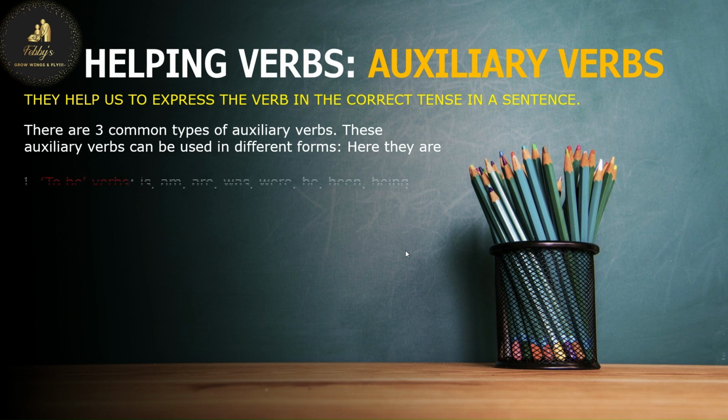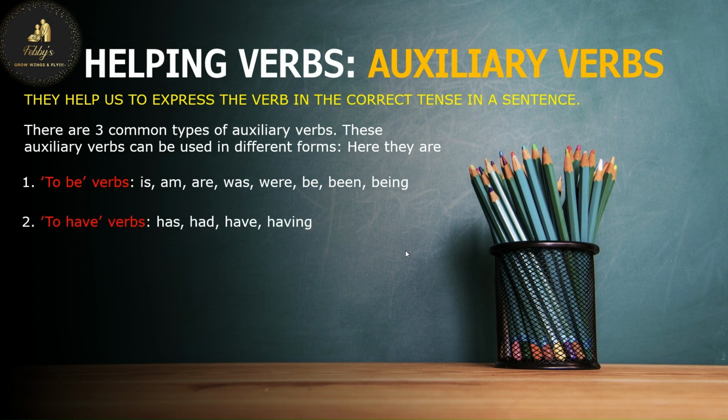Here they are. 1. To be verbs: is, am, are, was, were, be, been, being. 2. To have verbs: has, had, have, having. 3. To do verbs: do, does, did.